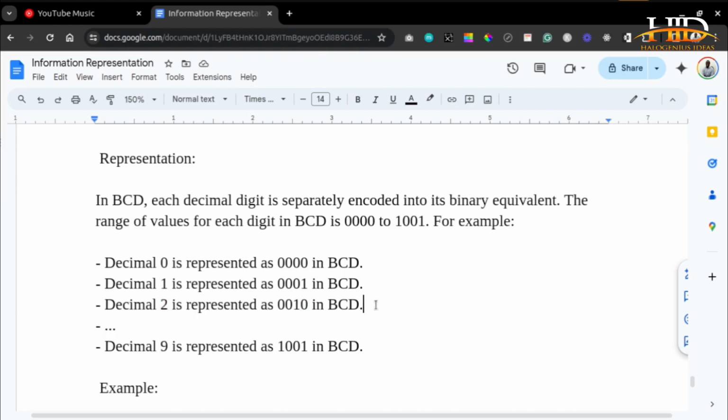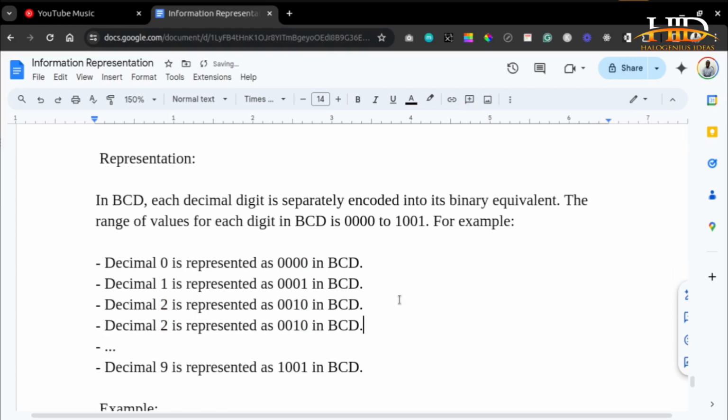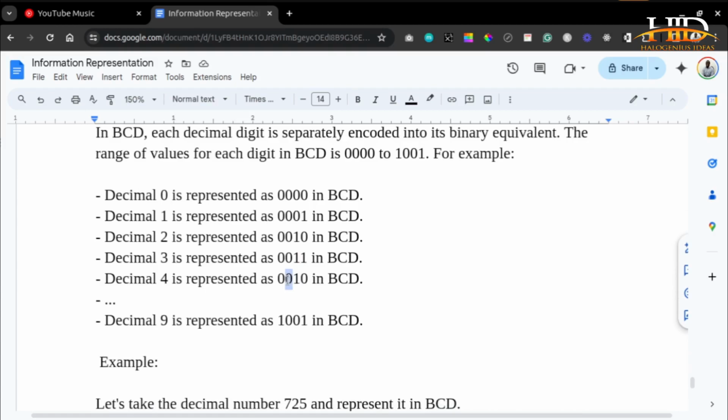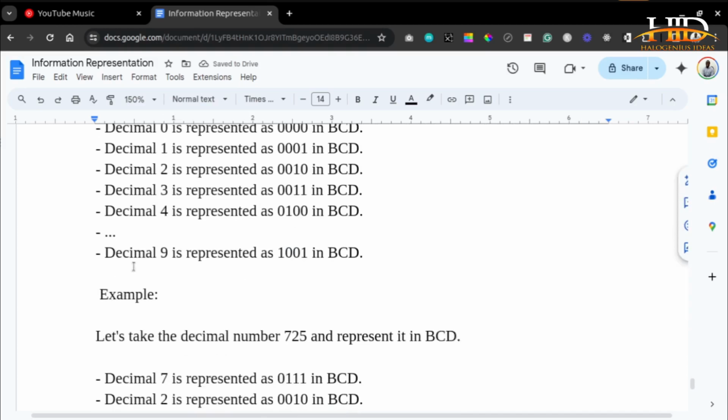Let me make two more rows. So this is going to be 3 and this is going to be 4. So for the 3, I'm going to be having 0011. This is going to be 0100 for 4. Then the decimal 9 is going to be 1001 because 8 is going to be 1000.